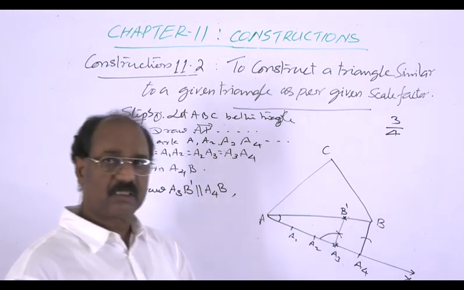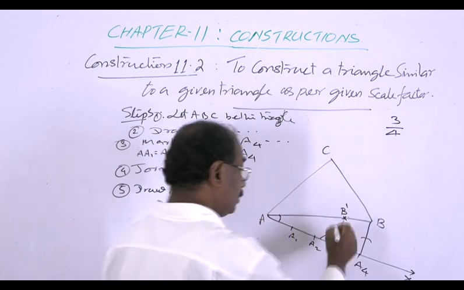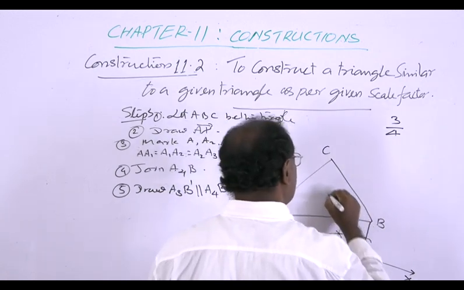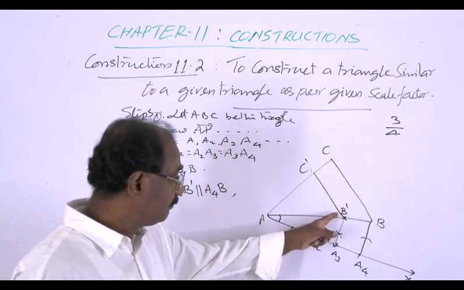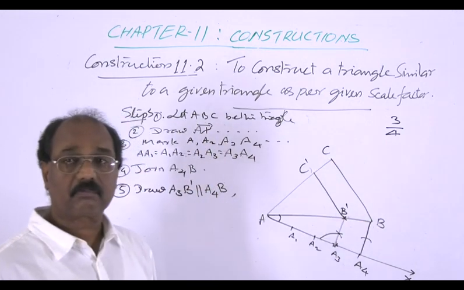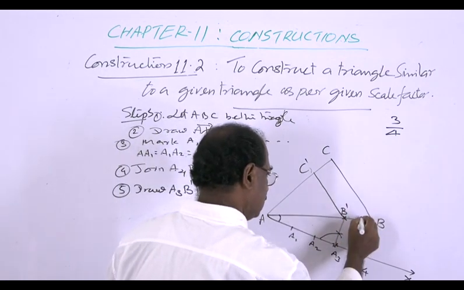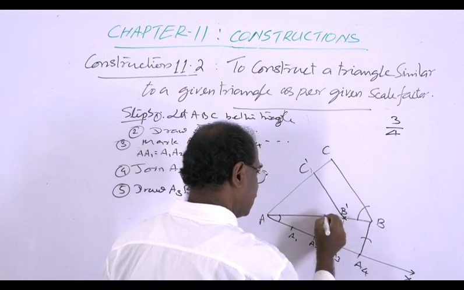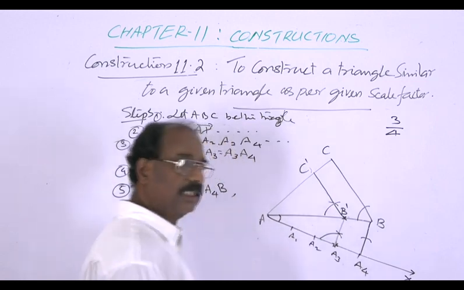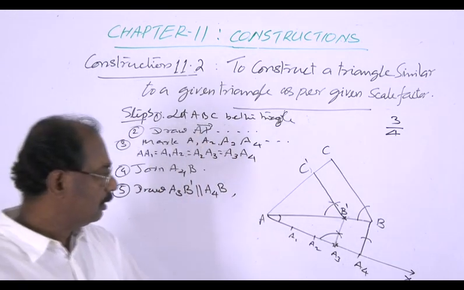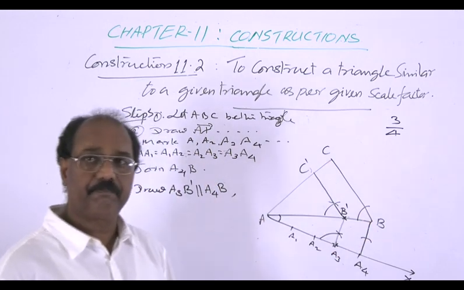So from this, through this B dash, draw B dash C dash parallel to BC. In the same way, draw this arc, then the same arc here also, then with this distance, okay, this B dash C dash parallel to this BC.